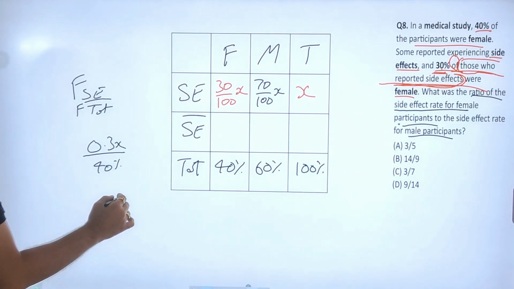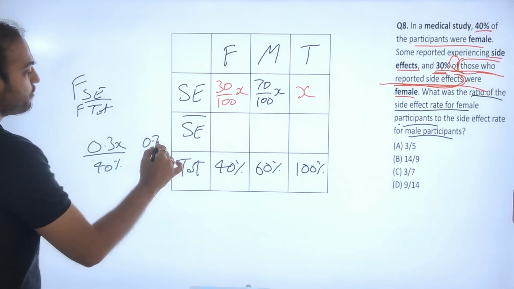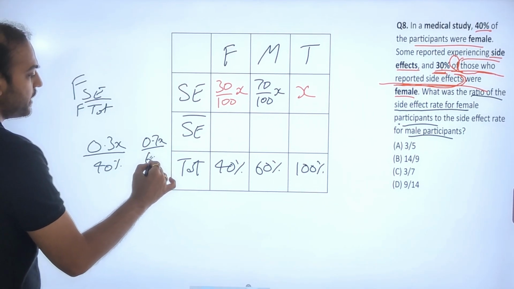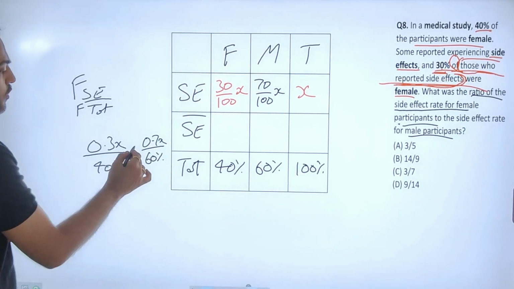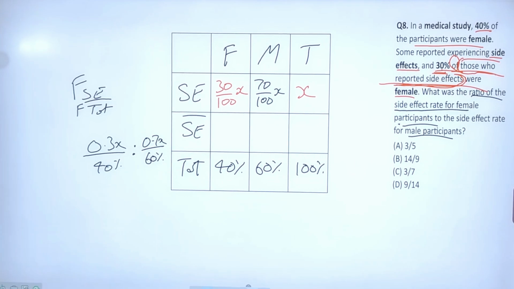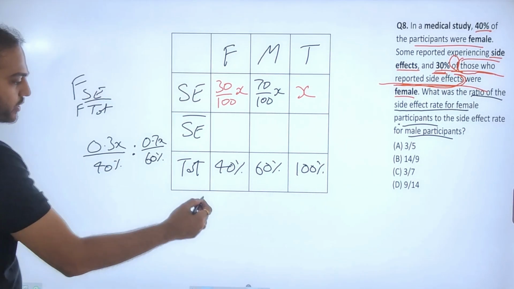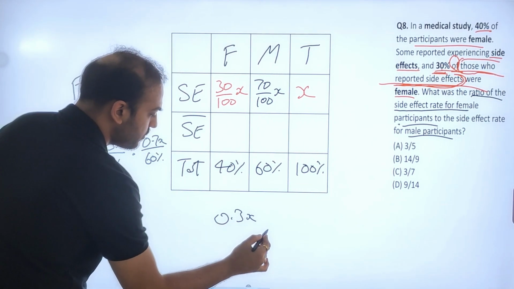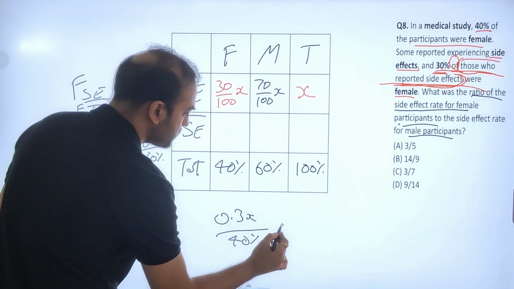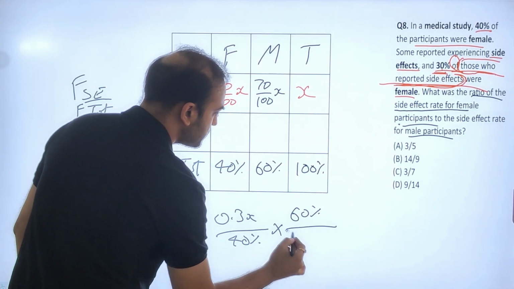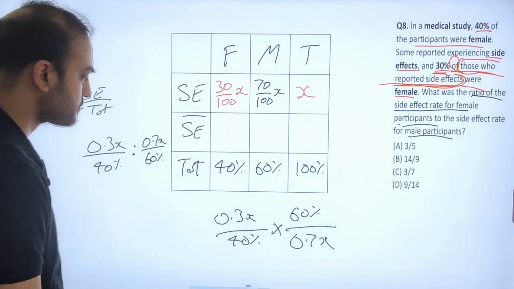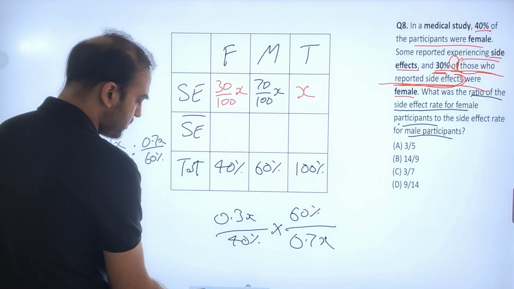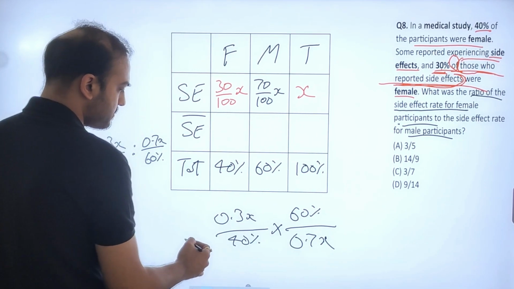Similarly, side effect rate of male will be 0.7x by 60%. And what do we want? We want the ratio of this. The ratio means you can flip and multiply. So that's 60% by 0.7x. X cancels out, right? 40 cancels out, right?